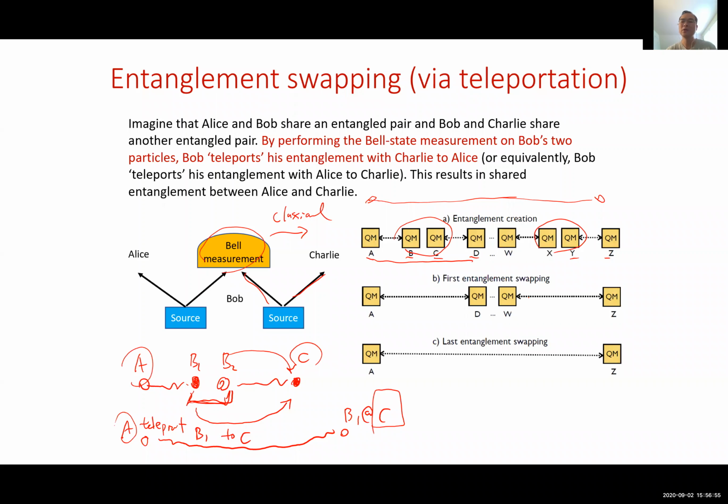By doing that, you get WZ, etc. And then by doing a further entanglement swapping, you get really long distance entanglement. So A and Z become entangled even if they were not before, right?